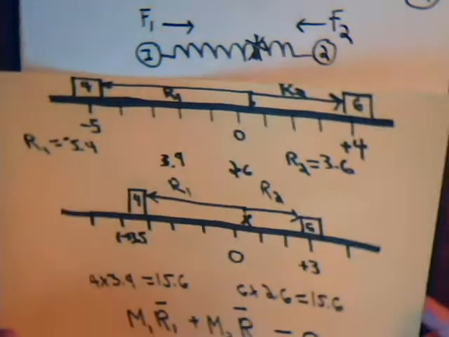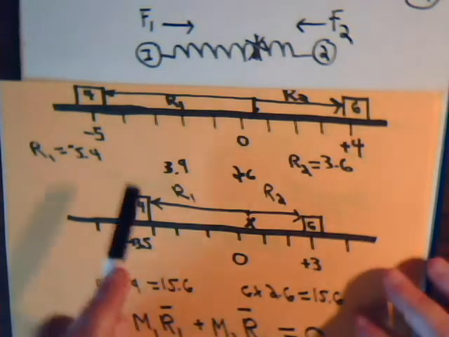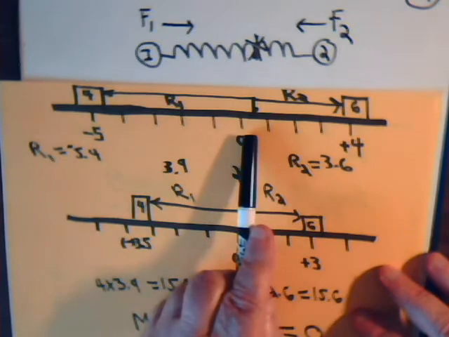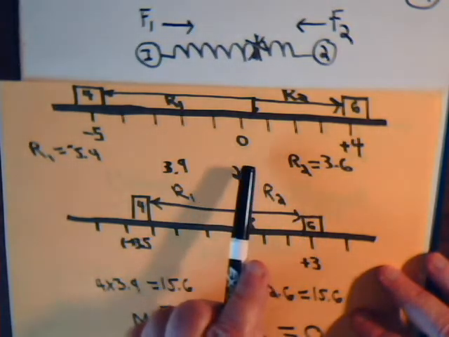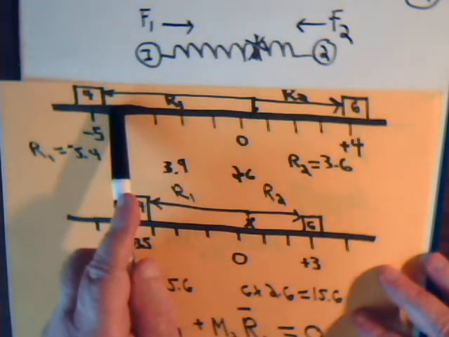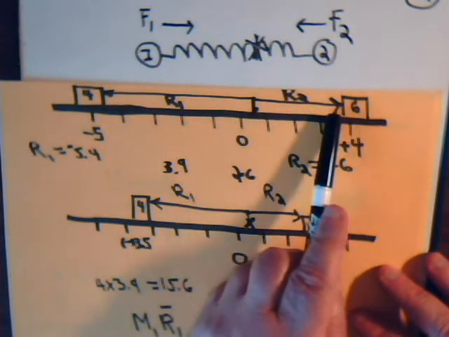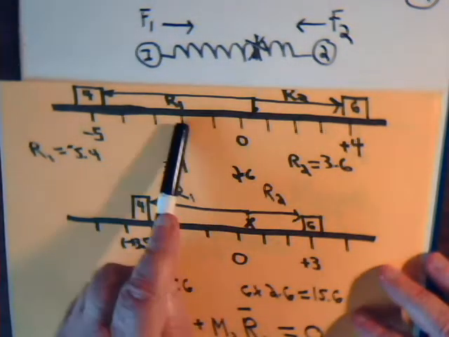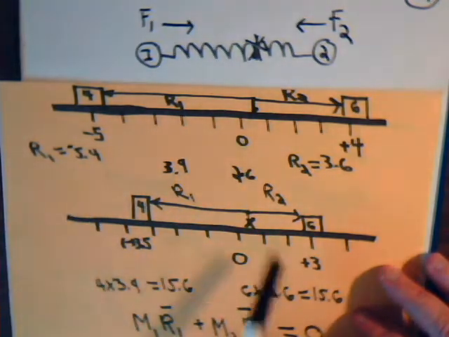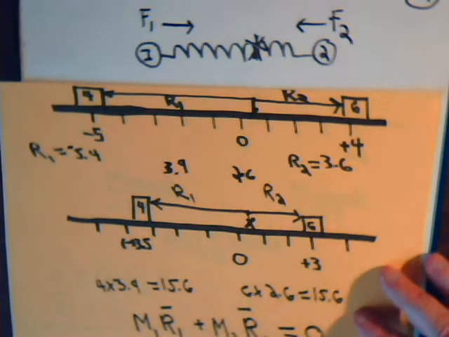Now suppose that we measure the distance of each object, mass 4 and mass 6, from the center of mass. We could call this position vector R1 for this object, which points in this direction, and then we have a position vector R2 for the second object that points in that direction. R1 is going to be minus 5.4, and R2 is now going to be plus 3.6.